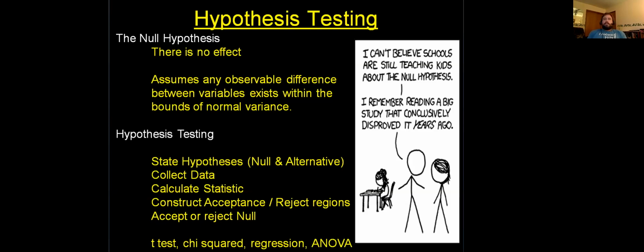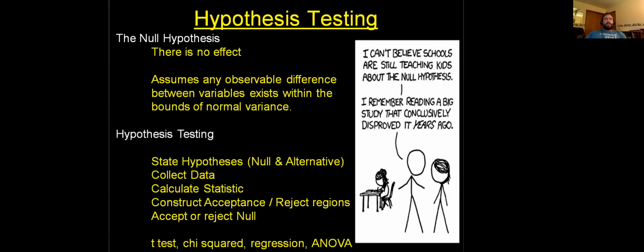And then you accept or reject the null hypothesis. And that's the thing to understand, is that is what you're working towards. The goal of hypothesis testing is for you to say, I accept the null hypothesis, everything's fine, nothing to see here, nothing outside the realm of normal variation, or that you reject the null hypothesis and we should look further into whatever's going on here.